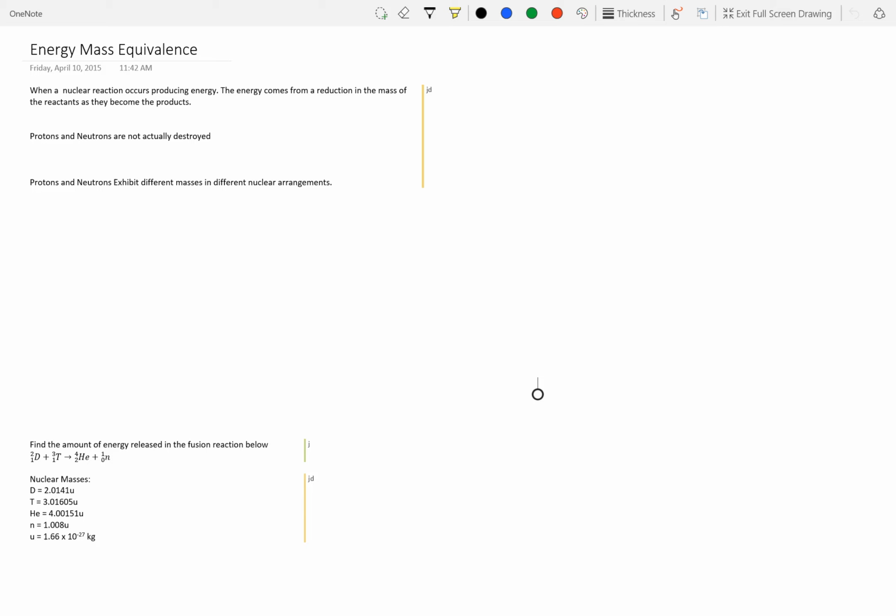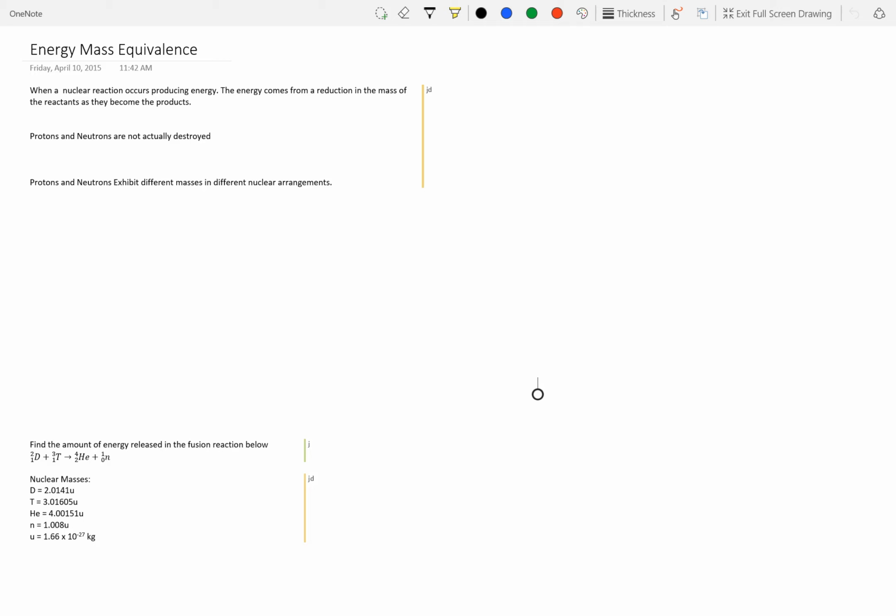If a proton is in a hydrogen atom, it exhibits a specific mass. If that same proton is fused with other atoms until, say, it's in a carbon atom, then it will actually exhibit less mass than it did when it was in the hydrogen atom.